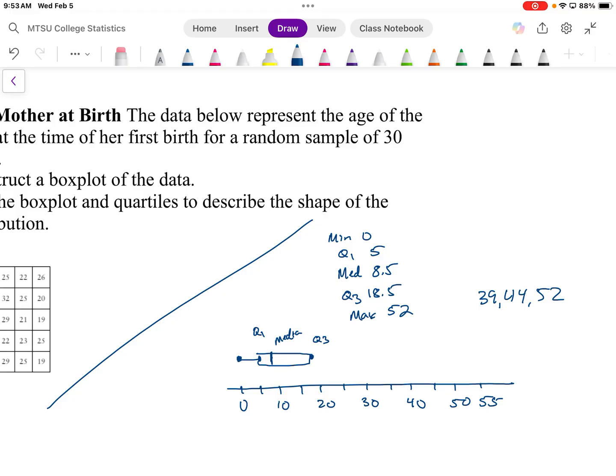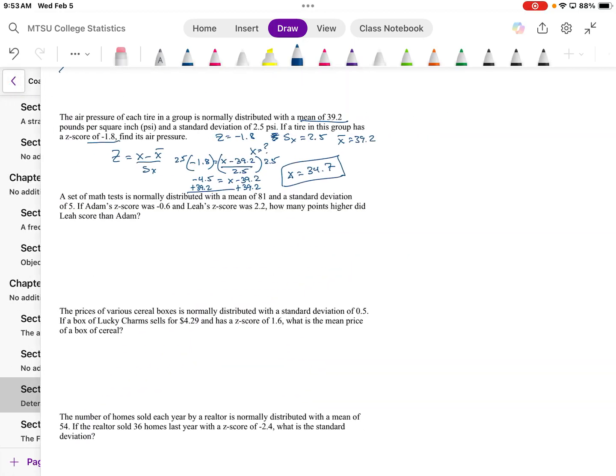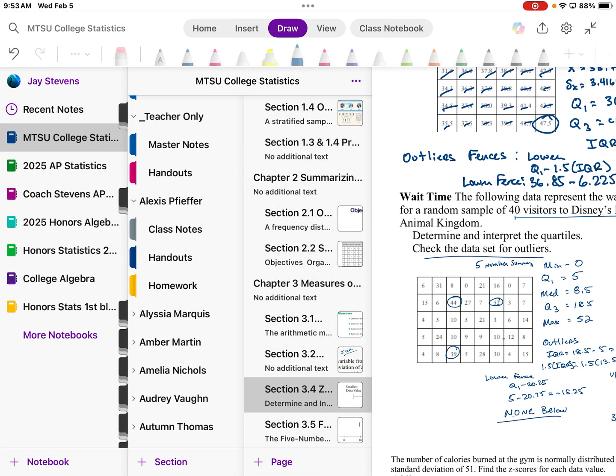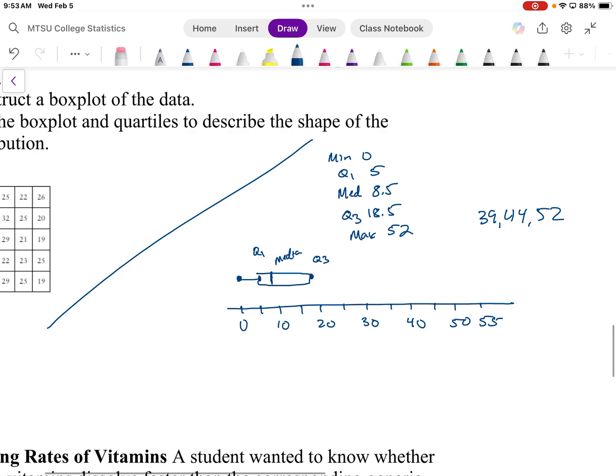And then now this is where we got to be careful. What was the upper fence? Was it 38 point something? I'm trying to think. I try to memorize numbers, but 38.75. So as I look at, okay, my upper fence was 38.75. So then at 39, I'd put an asterisk.